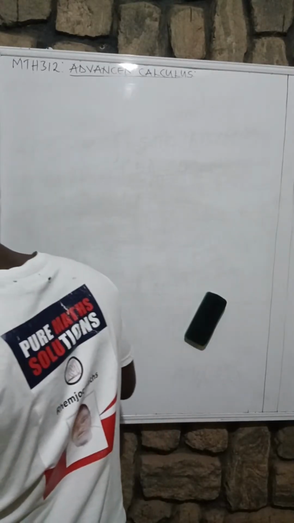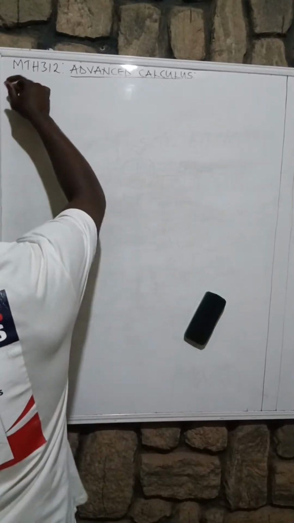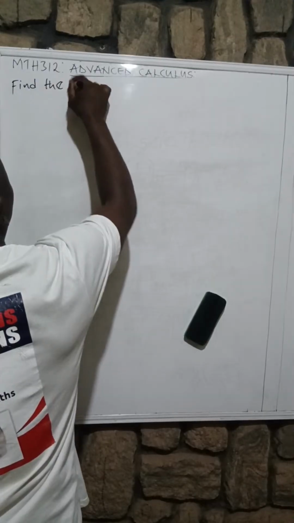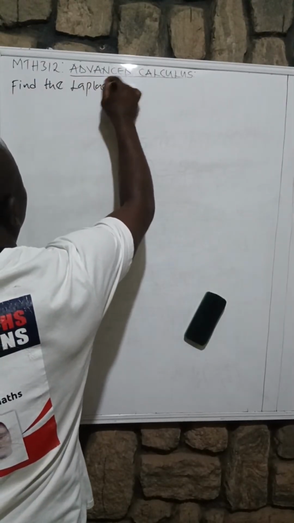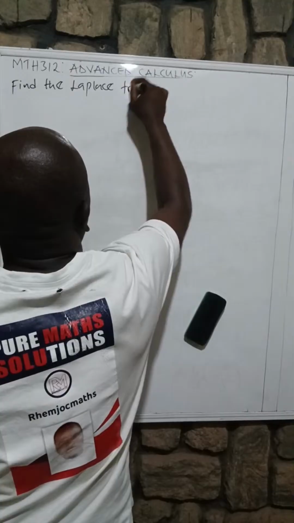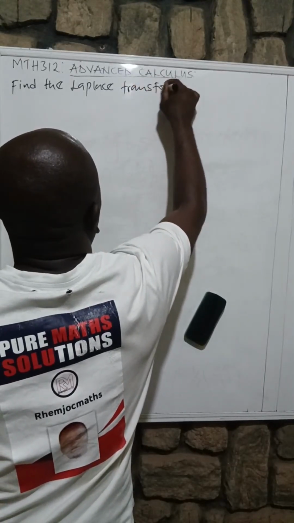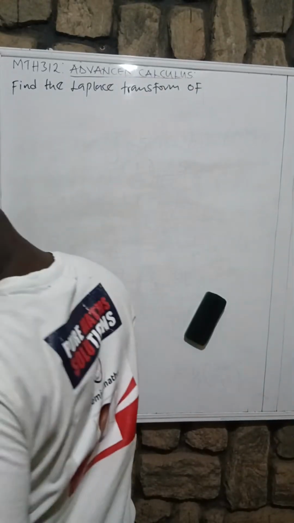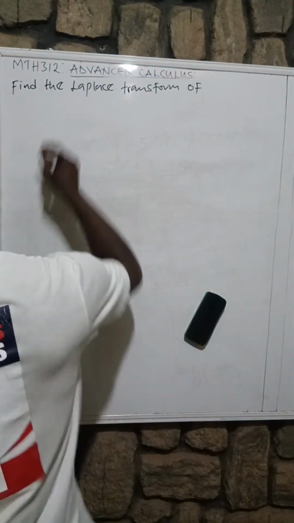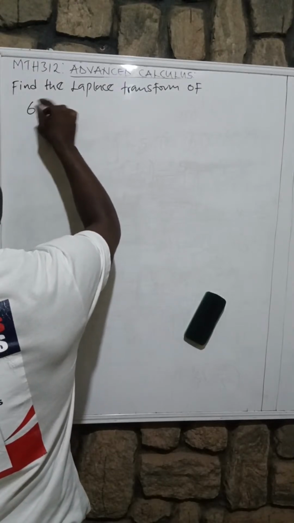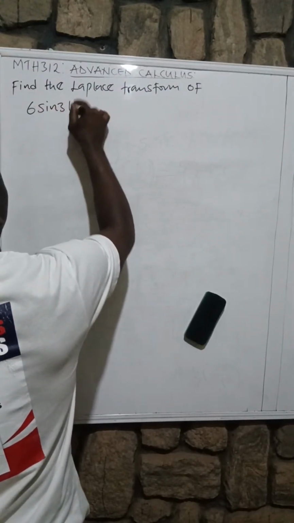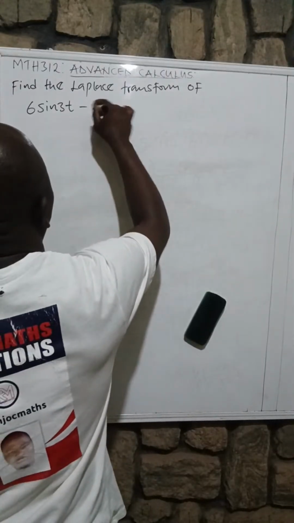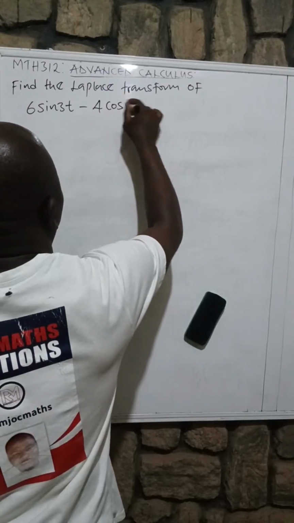So find the Laplace transform of, another example, find the Laplace transform of 6 sine 3t minus 4 cos 5t.